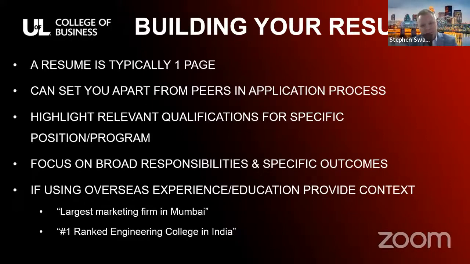So focus on the extracurricular that might matter, right? So you were in the entrepreneurial club, you started a small business, you've got some experience doing X, Y, or Z. Those are the more important things for the graduate school admissions process.